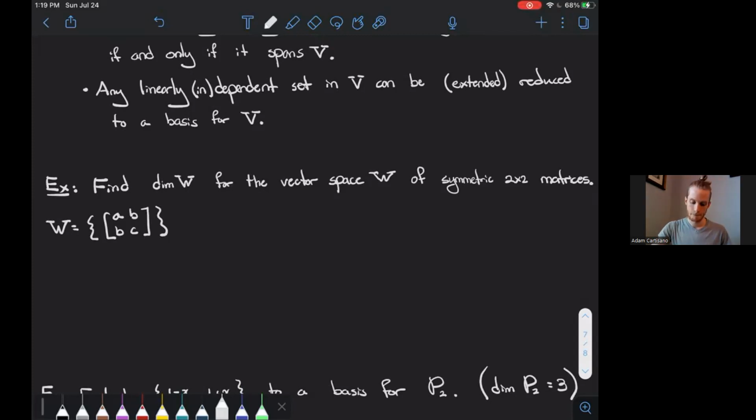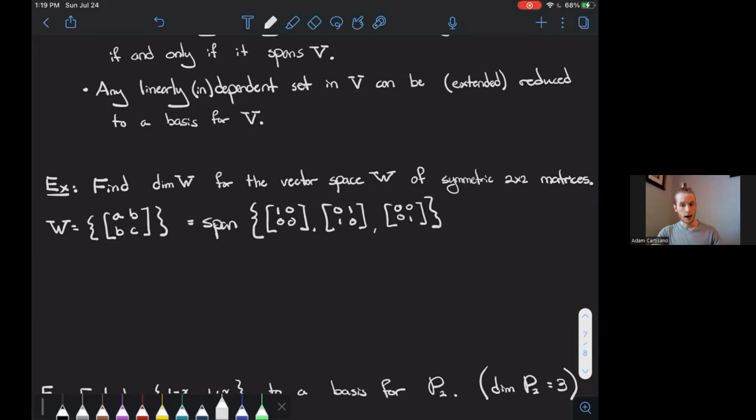I can think of a basis that will work. I want to write an arbitrary matrix in this vector space as a linear combination of some vectors. So how about 1, 0, 0, 0; 0, 1, 1, 0; and 0, 0, 0, 1, with coefficients A, B, and C. That definitely spans this vector space.